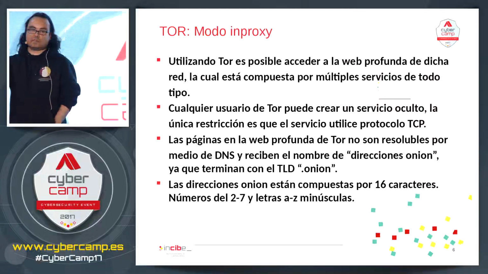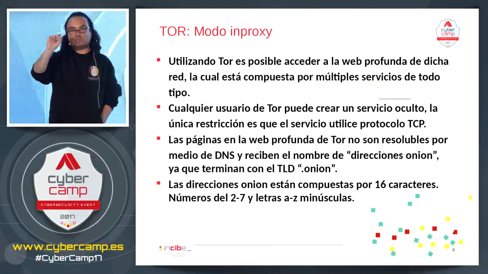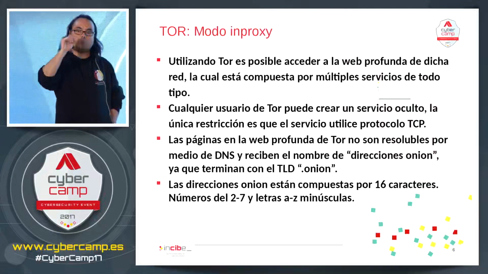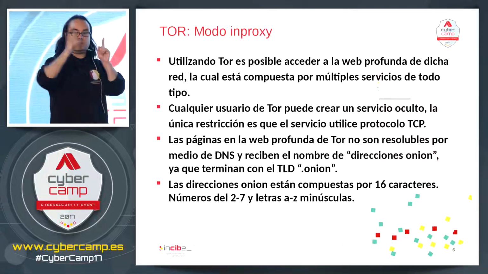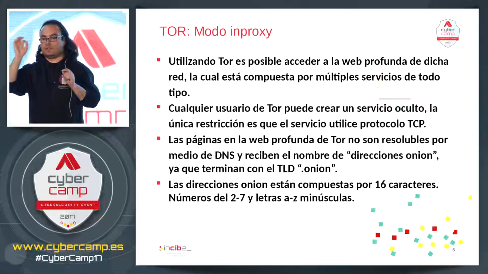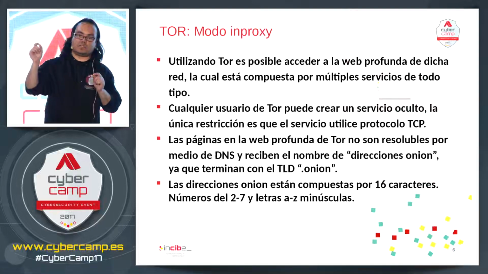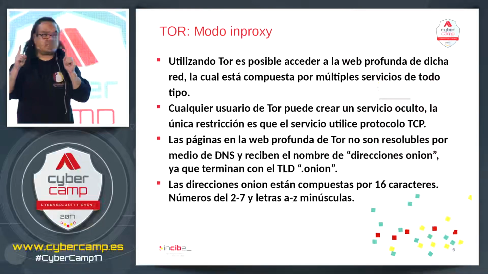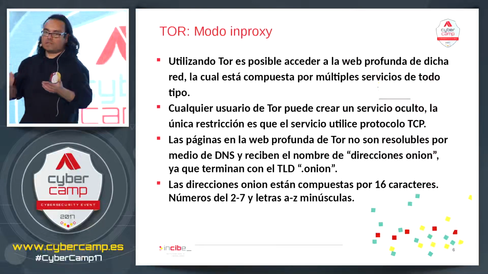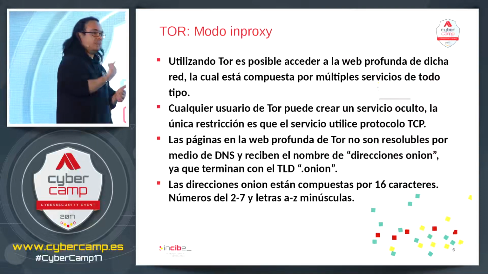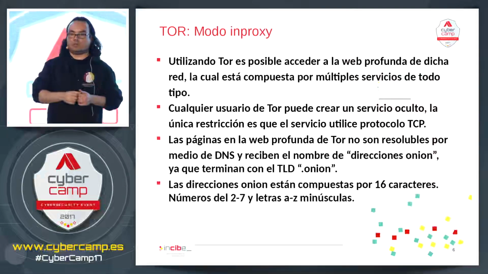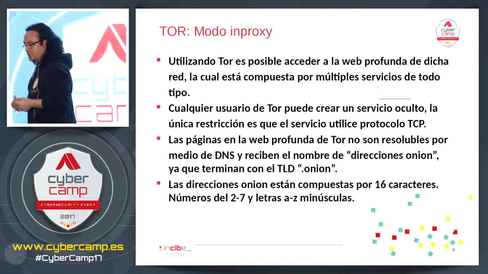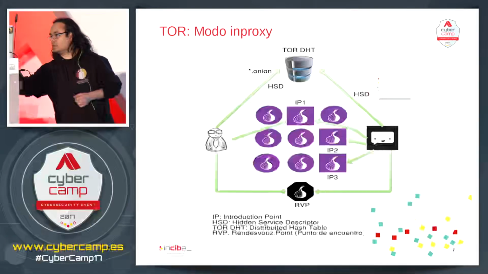We usually use DNS in order to resolve directions and addresses. This is not like this in TOR. In TOR, we have addresses which are .onion. These are text strings with characters from A to Z and numbers from 2 to 7 and a length of 16 characters. This is the way all onion addresses are. So what happens in this case?